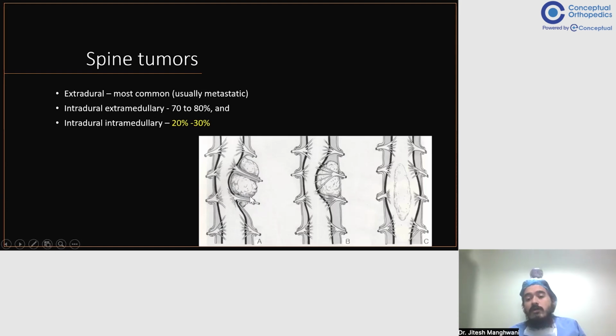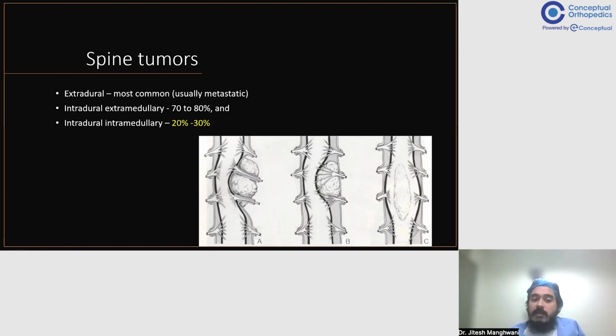And this particular tumor usually is metastatic. So I'm repeating, extradural is the one which is completely outside and it presses the spinal cord from the outside. In this process, it may cause some stretch on the nerves also. This is the most common type of tumor out of the three, and usually this one is metastatic.